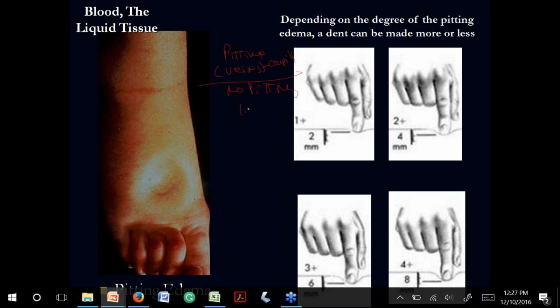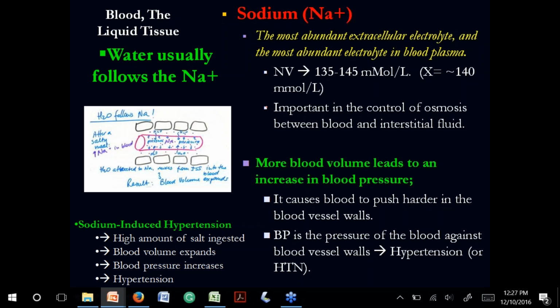The lymphatic vessels. So that is the big thing that you need to remember: not pitting, lymphatic; pitting is the veins. So escaping of fluid out of the veins. And in the lymphatic, it does not keep the function, it is an obstruction of the lymphatic. Okay. Sodium, please must remember this. Sodium 135 to 145.